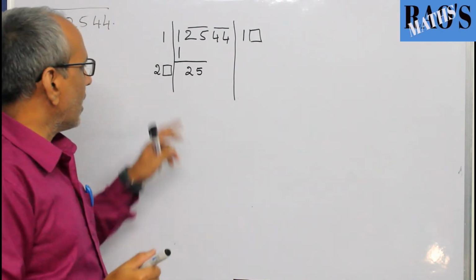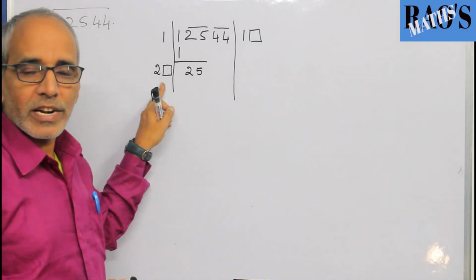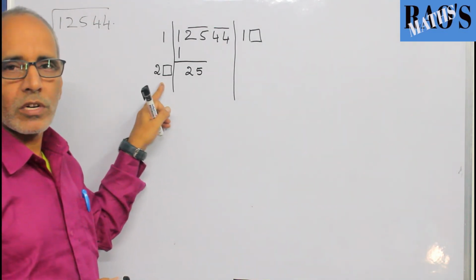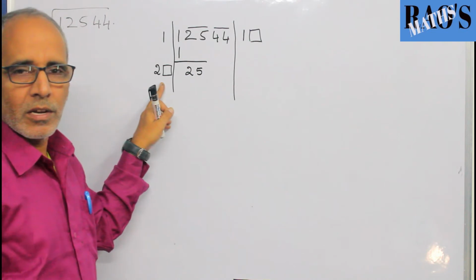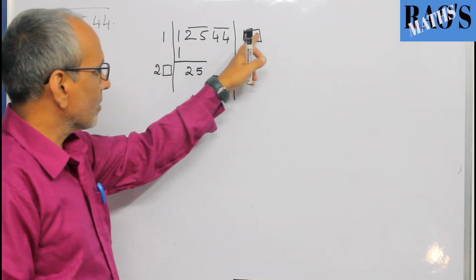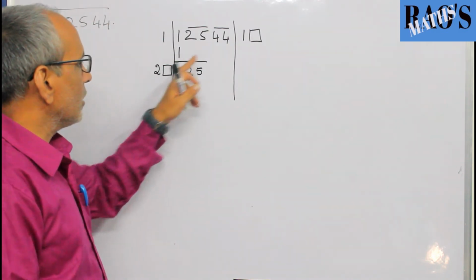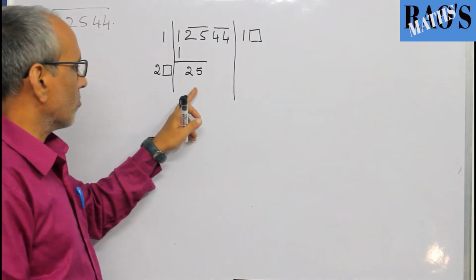So what digit do I write here? That totally it becomes 20 or 21, 22, 23 up to 29 possible. What is the least number I can place here? If I write 0, 20 zeros are 0. No.